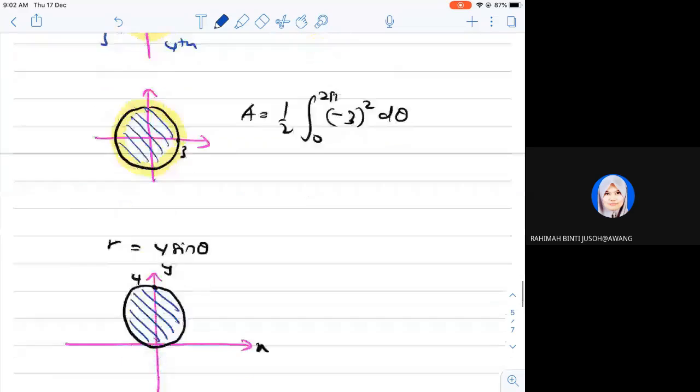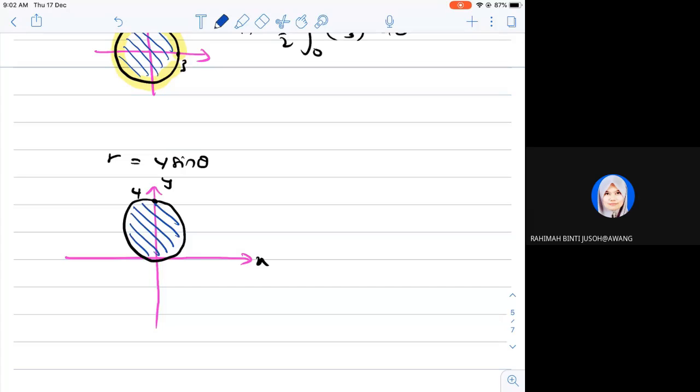Okay, but in this case, for the graph of 4 sine theta, we just consider from the first quadrant until the second quadrant. So the angle would be what? Starting theta equals 0 until what? What's the angle, guys? Pi, madam. Pi, yes.